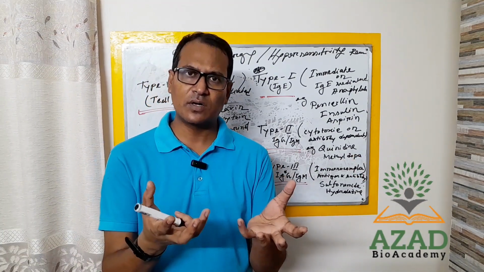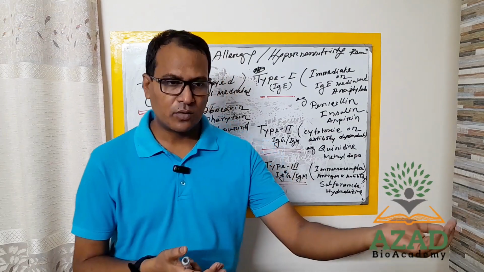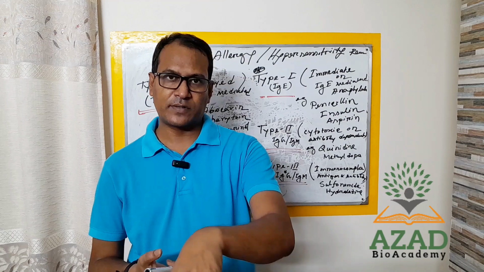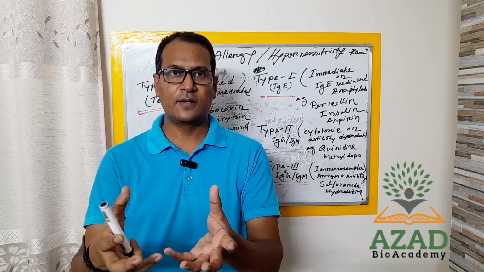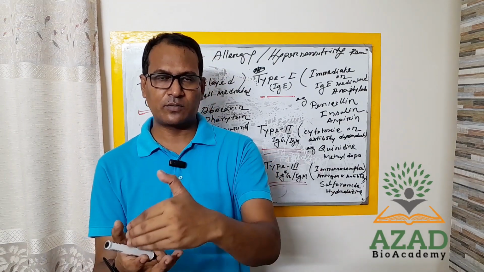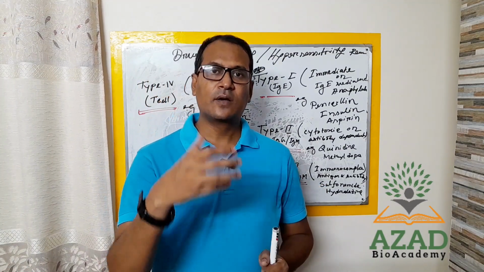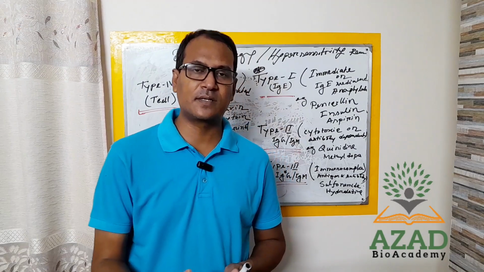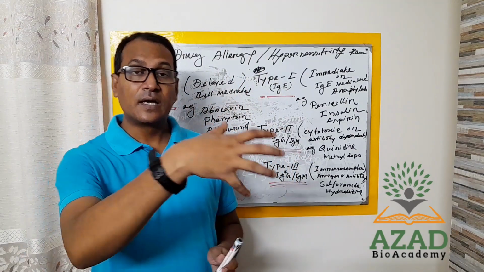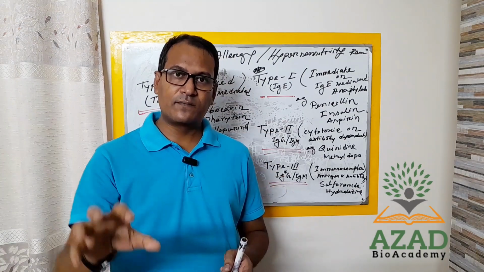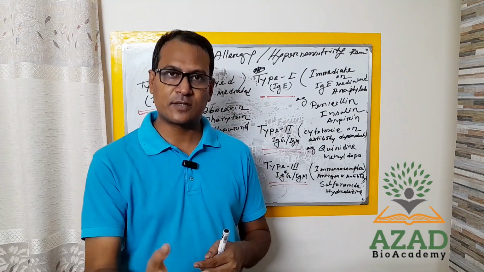When vasodilation occurs, your other blood components will come out into the affected area and make it swell. That is swelling occurs. When RBC come, it will look like a rash, that is redness, and when the area is affected, the nerve endings present there will be highly stimulated.